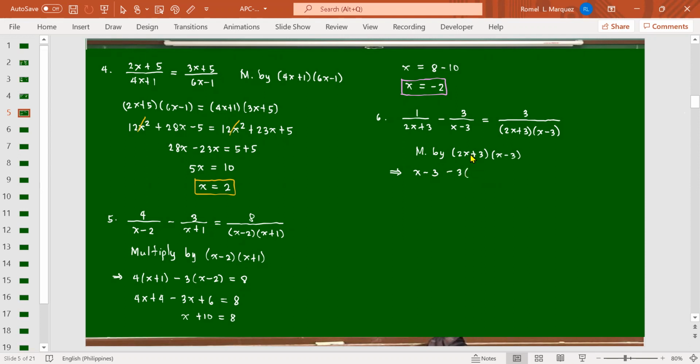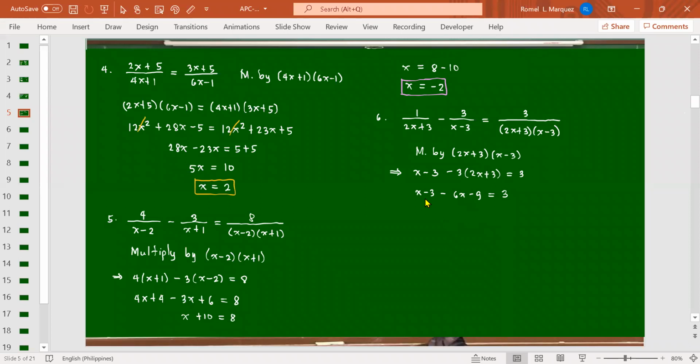Minus 3 times, so what is cancelled here? X minus 3. So what is left? 2x plus 3. On the right side, we have 3 only, no? Because this 2x plus 3, x minus 3 cancelled out. So getting x minus 3 minus 6x minus 9 is equal to 3.